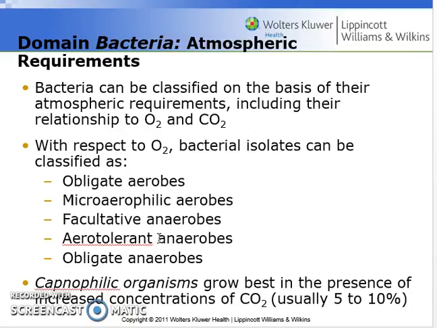These are kind of the opposite of obligate anaerobes, which means that if oxygen is present, the bacteria will die. Obligate anaerobes are not able to tolerate oxygen, but aerotolerant anaerobes can tolerate it. They don't use the oxygen, but they can tolerate its presence. And facultative anaerobes can use oxygen to undergo cell respiration.